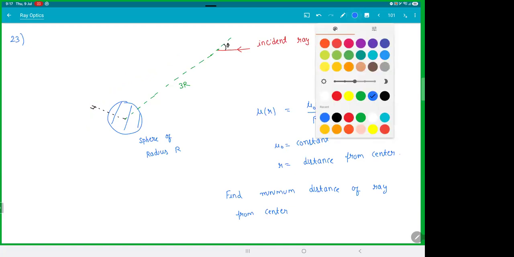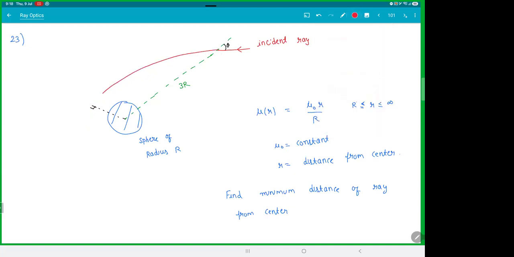This would actually go something like this. So it'll come closer and it'll fly away. Now, just to give you a little warning here, mu into sin I is not valid. This is derived for parallel slabs.